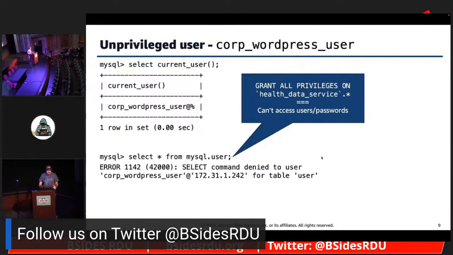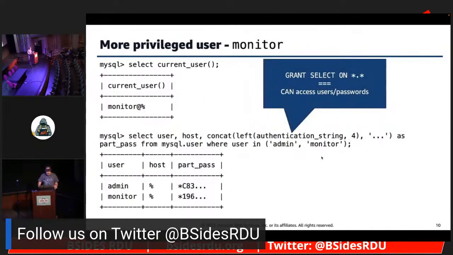But a WordPress user has no way to read from that table. At the same time, the monitor user, because it has a global select, can read that. And it can also read this authentication string, which is actually a hash of the password.